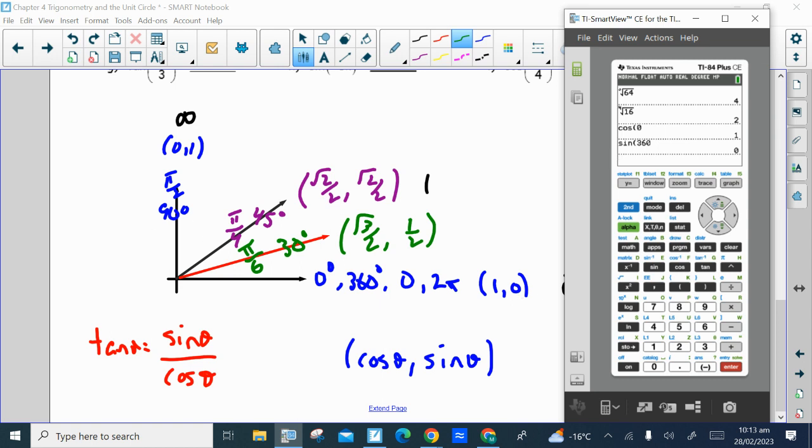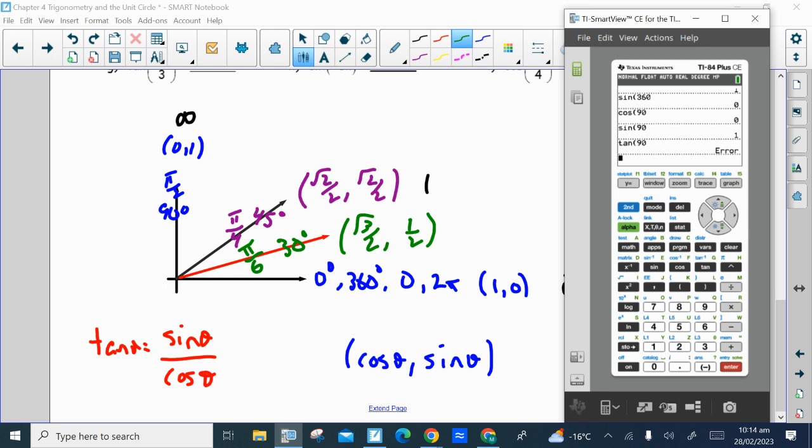At 90 degrees, the cosine of 90 degrees is 0. That's that first number. The sine of 90 degrees is 1. That's that second number. And if you take the tangent of 90 degrees, you'll get an error. It doesn't exist. It's undefined. Okay? So the calculator will, for those angles, give us the actual exact value.